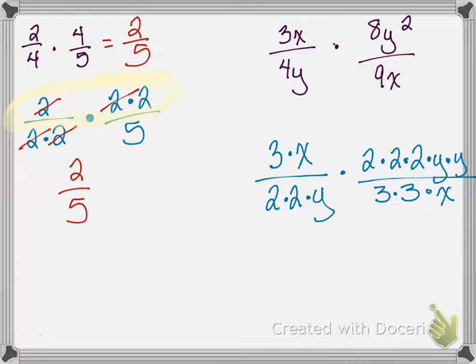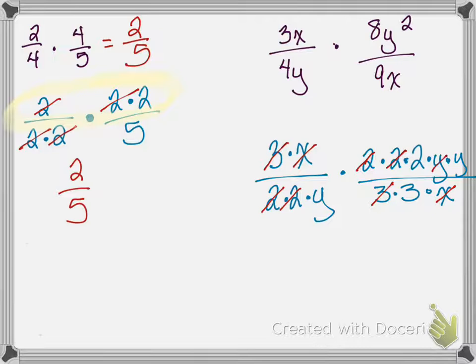Now, if it's on the top and the bottom, it doesn't matter where it is, I can cancel. So this 3 cancels with a 3 in the other denominator. These set of 2's cancel with this set of 2's, even though they're in opposite fractions. We're multiplying, so it's allowed. Okay? I have an x here and an x here.